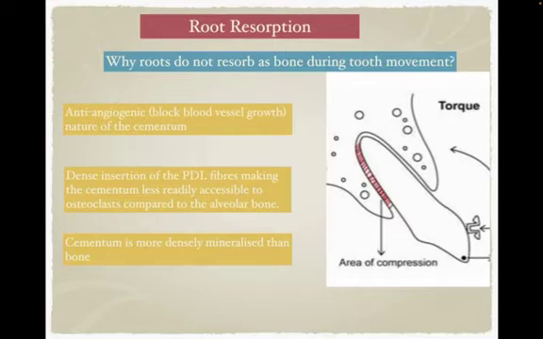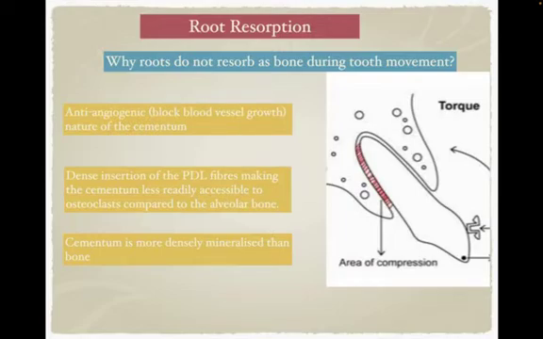Now, when the tooth moves, sometimes if you apply a heavier force, as we said, now we have undermining resorption, then the osteoclasts will resorb bone, and sometimes will cause root resorption, sorry. So that's the case where we have root resorption. When we have root resorption, that cementum will be repaired by repaired cementum.